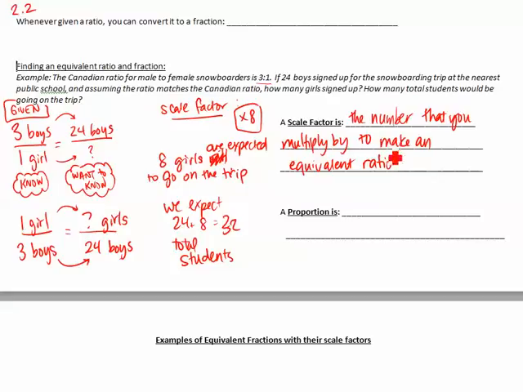Whereas a proportion is the number sentence that includes the equal sign that shows equivalent ratios. Which means you do need both in order to be able to talk about something that's in proportion. If something is in proportion, you can determine what its scale factor is, and if you know the scale factor, you can create then a proportion.